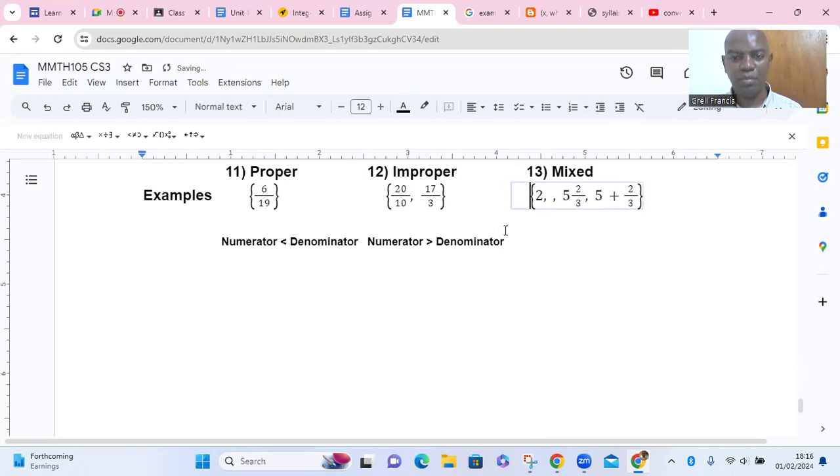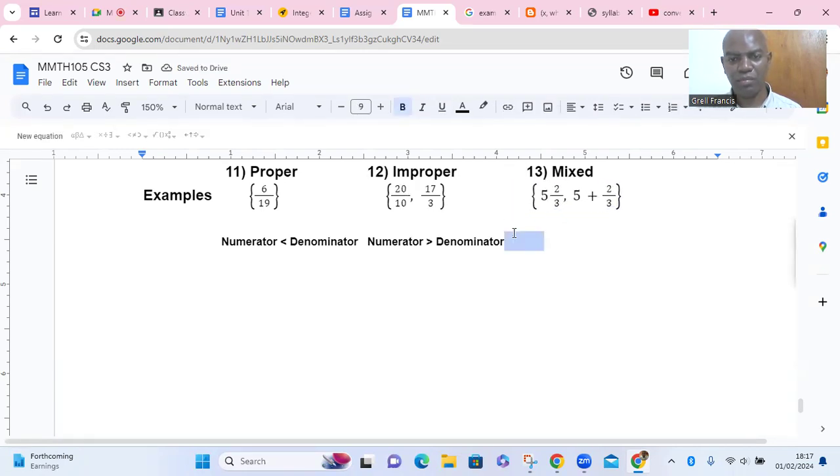whole plus a proper. So that 2 there is not mixed. It is just 2. So let's take this out of it because there isn't a whole plus a proper, just a whole number plus a proper.